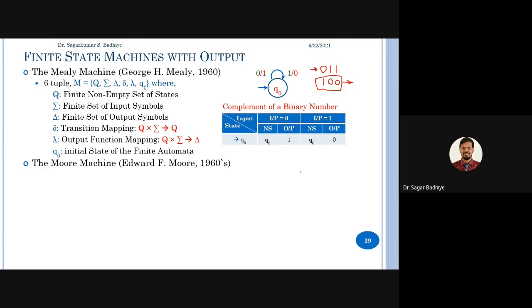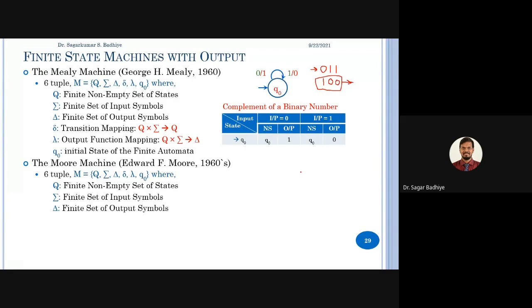Now let us look at the Moore machine. The Moore machine was designed by Edward F. Moore in the 1960s. Again, this Moore machine is represented in tuple format by 6 tuples, the same as the Mealy machine. The only difference is in the output function mapping.